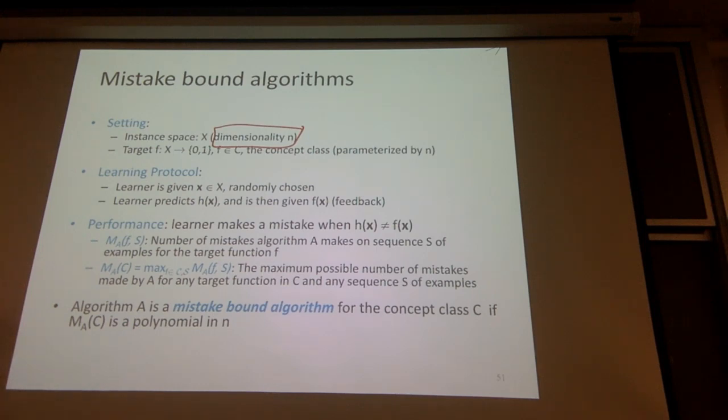I've defined an algorithm to be a mistake-bound algorithm for a concept class C if the most difficult function in the concept class and the most difficult sequence of examples causes this algorithm to make only a polynomial number of mistakes in the dimensionality, and essentially that's what we are going to define as learning.